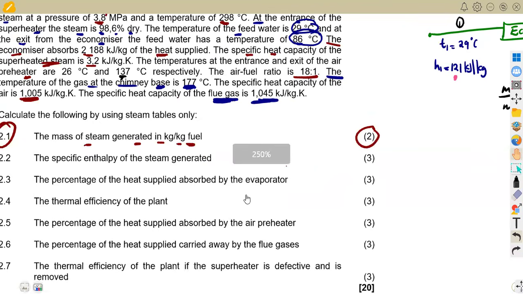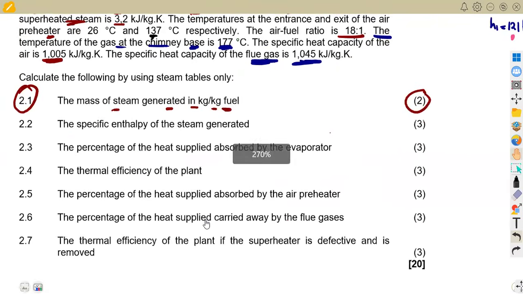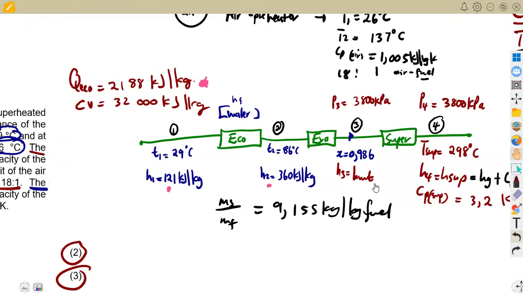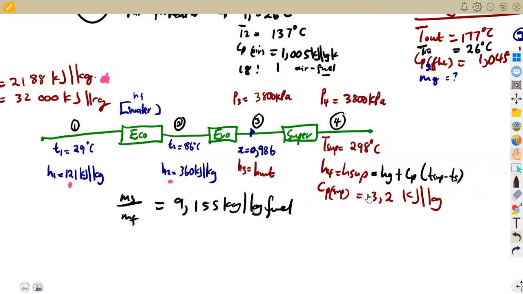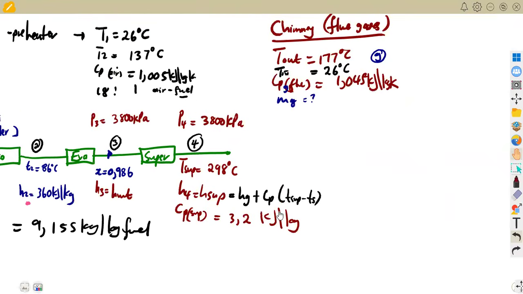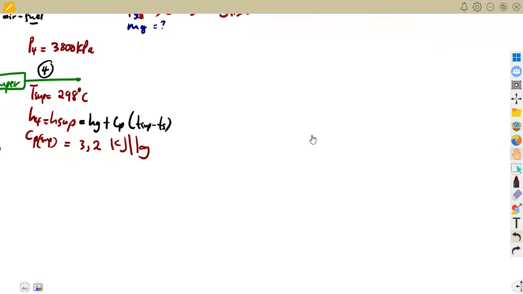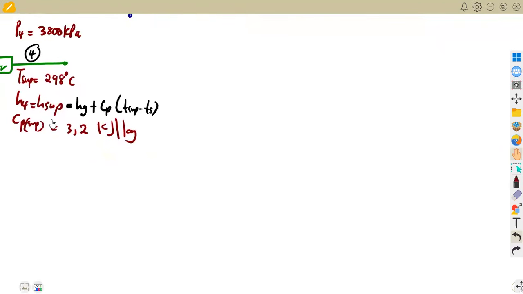Then the specific enthalpy of the steam generated, 3 marks. Meaning we're talking about H sup, the steam generated at the end here. Like I said before, H sup can be determined because we are given the specific heat capacity.